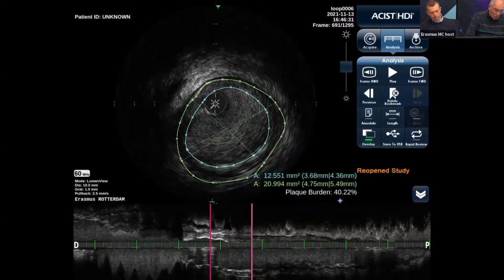And what we know from the papers from Glagov and Hermiller is that until 40 or 50%, the lumen will not be compromised. Then you only have positive remodeling. So you can be sure that the lumen here was the original size of the vessel itself. And in this case, 40%.